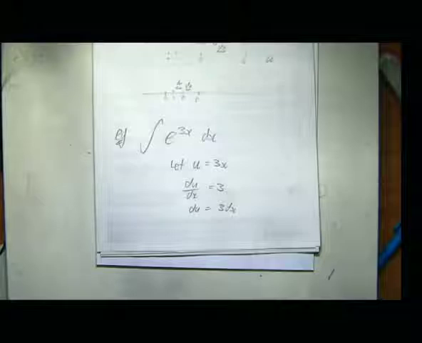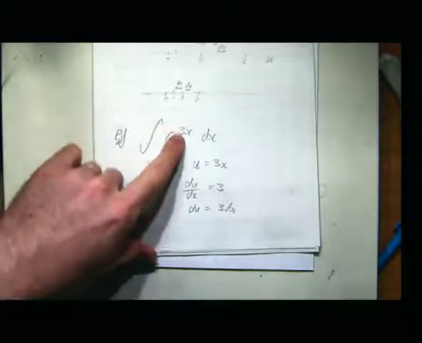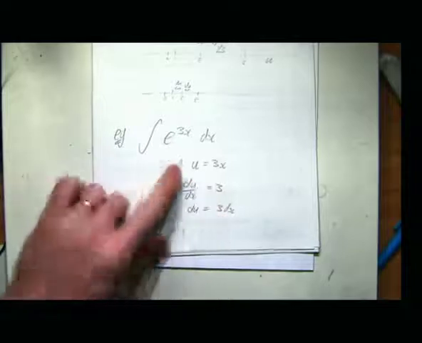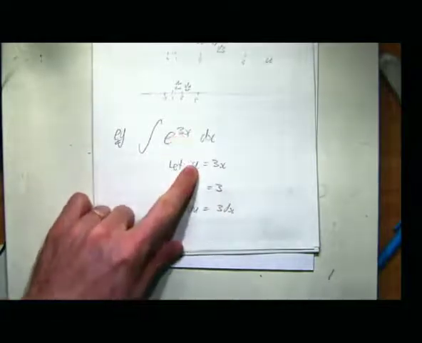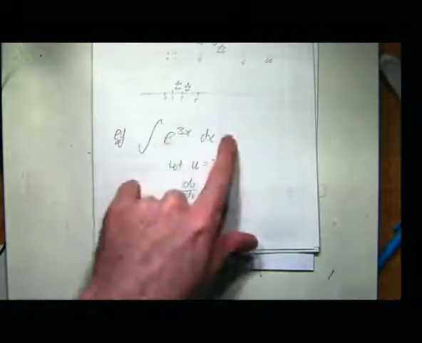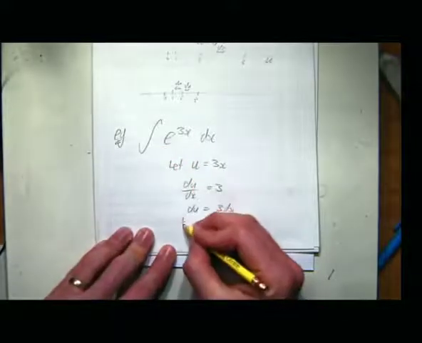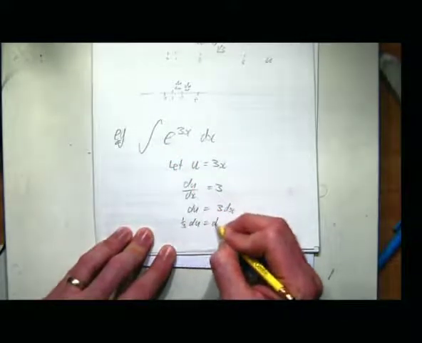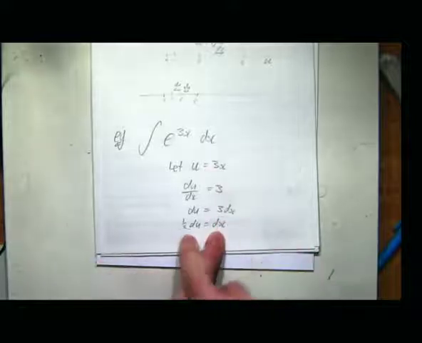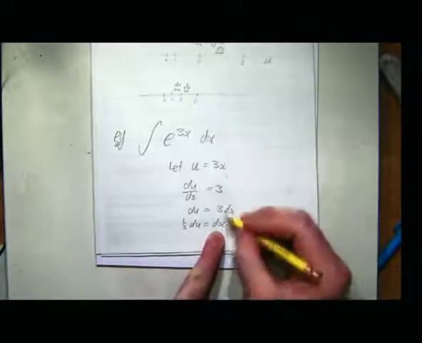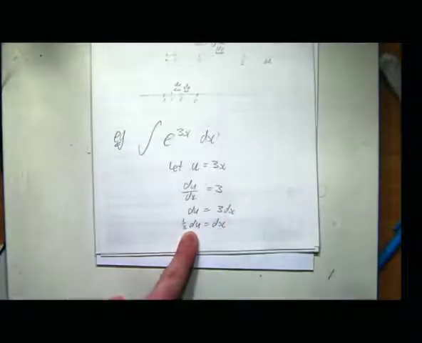Now here's the thing, my philosophy of doing substitution is that I go looking in my integral for the things that I have here. My 3x is u. I don't have a 3 dx in my integral. I've just got a dx. So if I divide both sides by 3, now I've got what dx is equal to. This dx is here, I can replace the dx with a third of du.